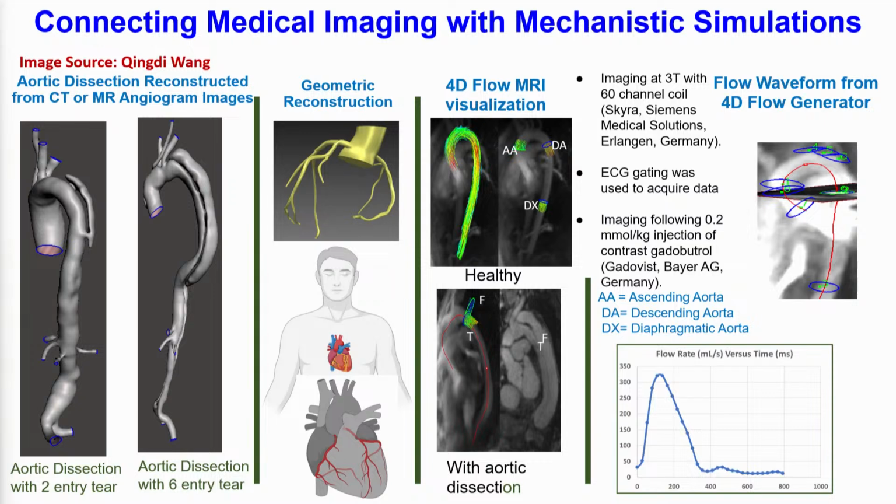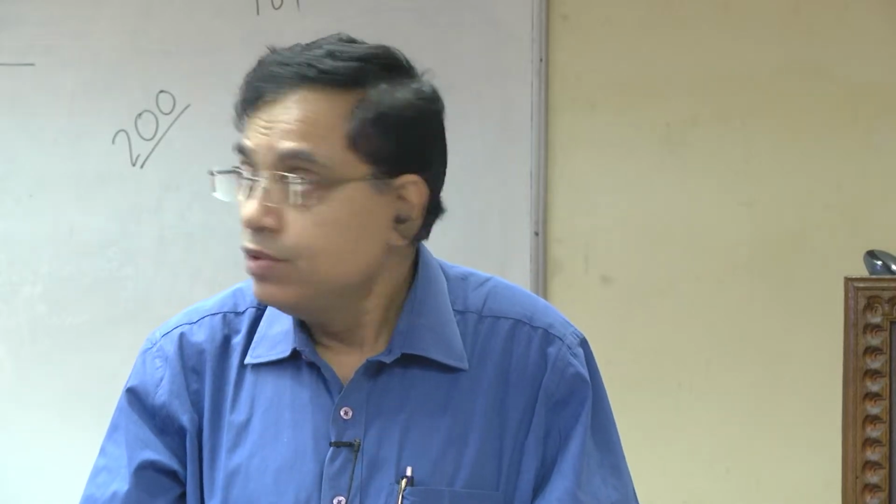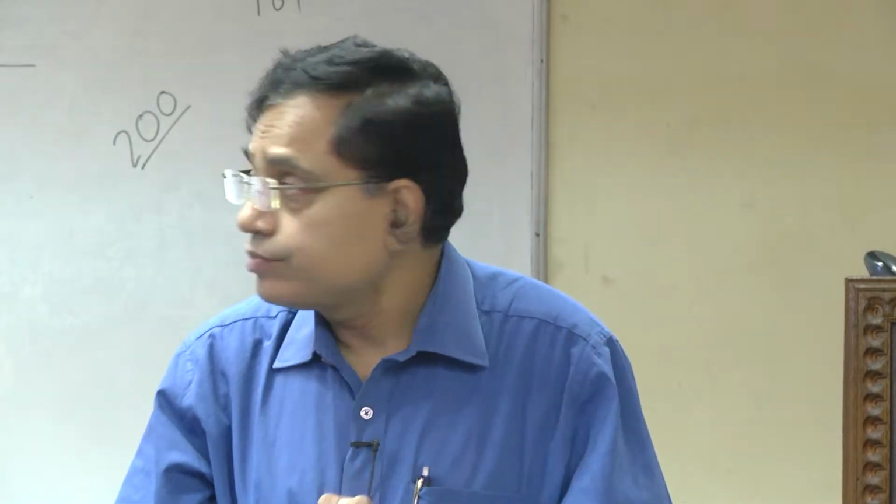To do that you need a medical image. Usually the medical image from which you get a geometric idea of what is there is the CT scan or MR angiogram. In the cardiac space, MR angiogram is very common. It is similar to MRI, but applied specifically to these cardiovascular pathways.